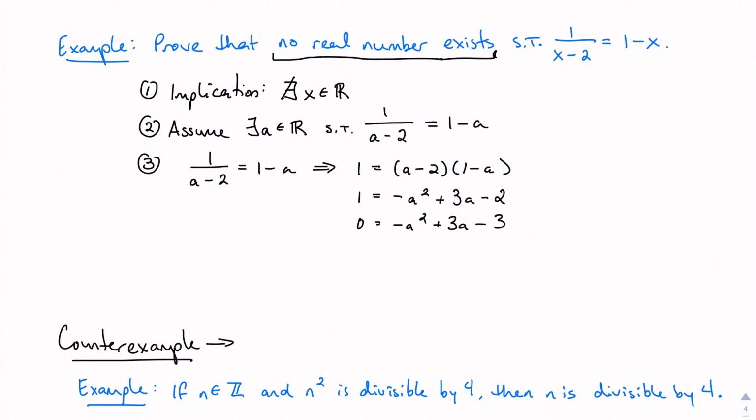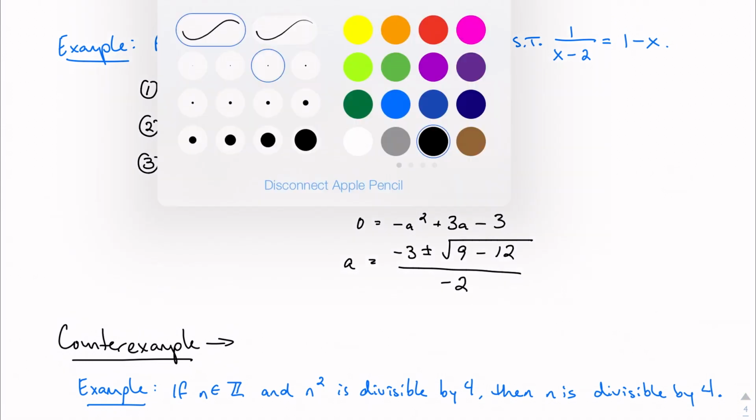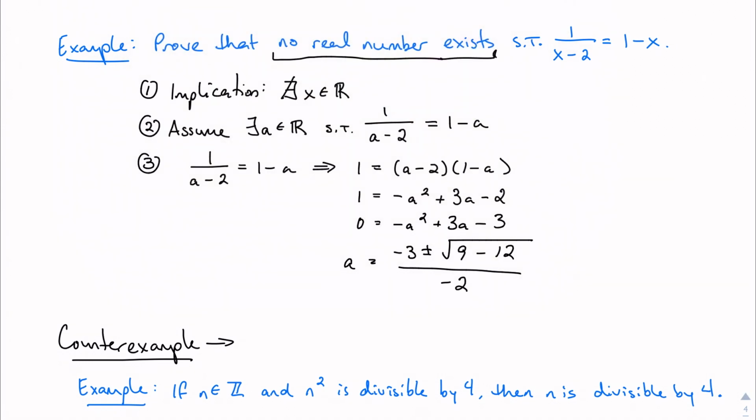So we're going to say that a, well, we'll use my quadratic formula here, so opposite of 3, plus or minus the square root of 3 squared is 9, minus 4 times negative 1 times negative 3 is negative 12, divided by 2 times a. We already know this is going to be problematic, right, because I said that a had to be a real number, and there's no way that I can have a real number if my discriminant is negative, right?